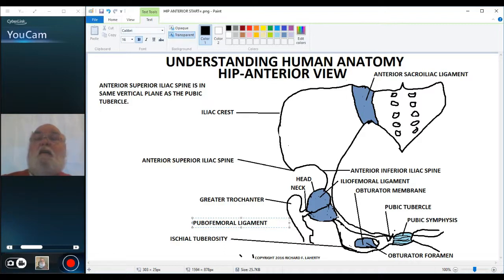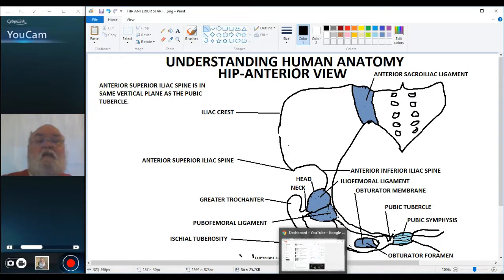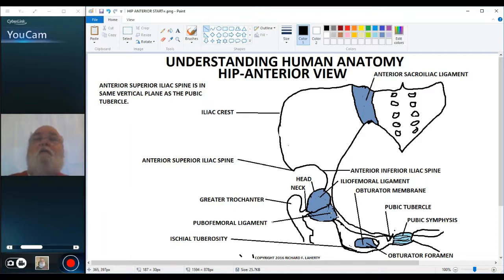And the pubofemoral ligament, together with the iliofemoral ligament, and the iliofemoral ligament runs superiorly over the top of the joint, over the superior surface of the joint, around to the posterior, and then on the posterior we have the ischiofemoral ligament. These three ligaments together hold the hip joint together. They are the supporting ligaments for the joint.